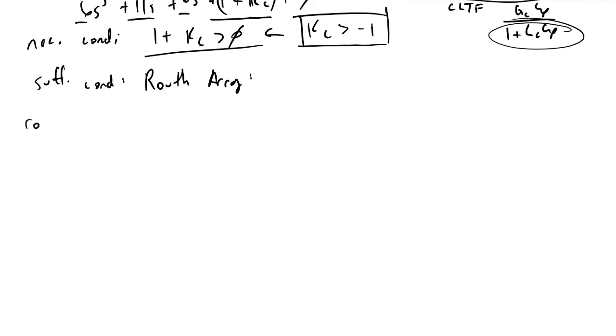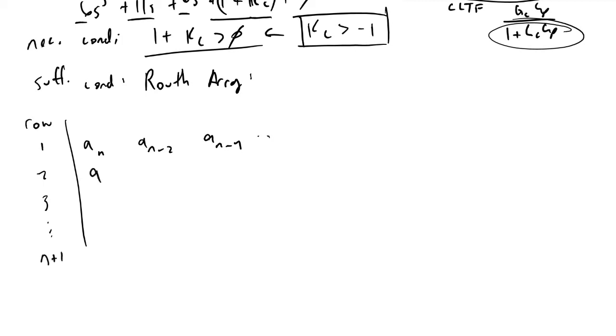We'll have row 1, 2, 3, and we continue onwards to row n plus 1, which in this case, because our degree is 3, would be 4. Then in the first row we would have a sub n, a sub n minus 2, a sub n minus 4, and so on. To make this a generic Routh array, I'll keep it in this form, with dot dot dot out to n plus 1 for the number of rows that we have.